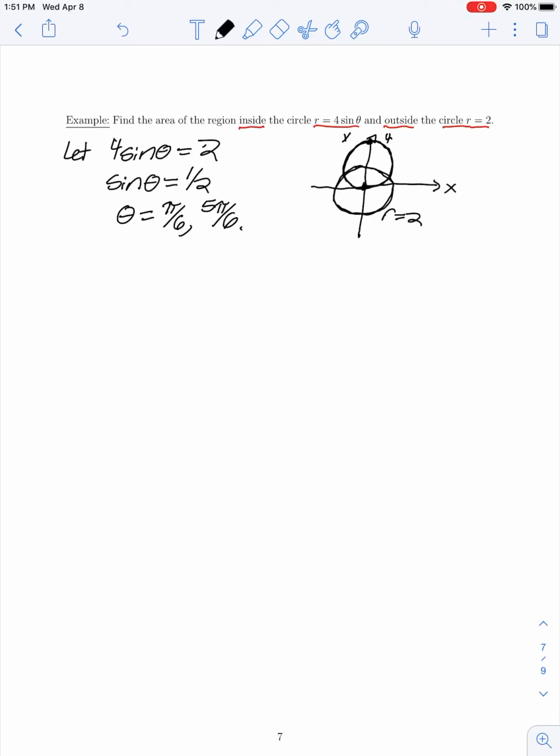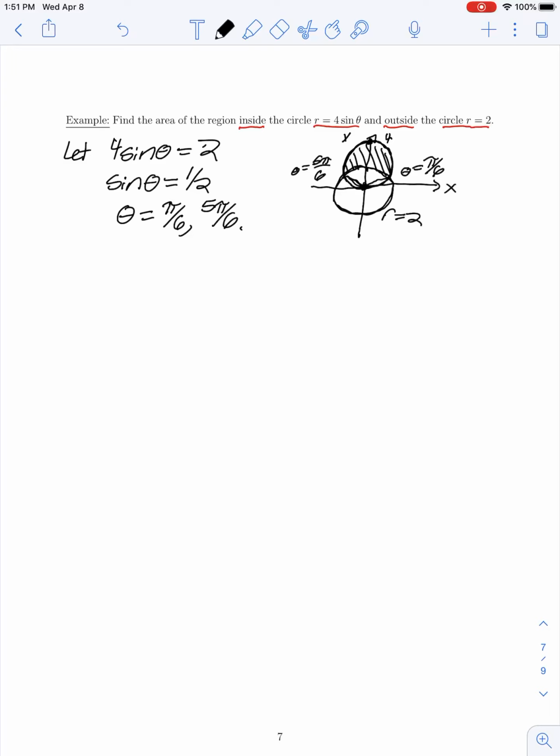And we see that these two circles are intersecting when the value of theta is pi over 6 radians, or when theta is given by 5 pi over 6. So we want the area of the region that lies inside of that circle defined by 4 sine of theta, but outside the circle of radius 2. So we're talking about the shaded region shown here.